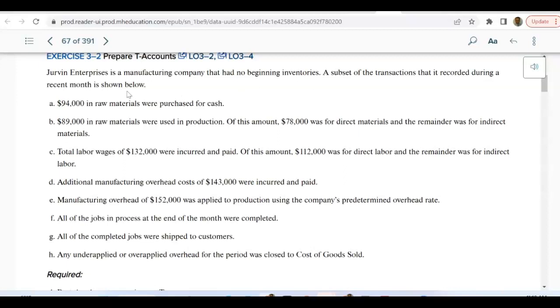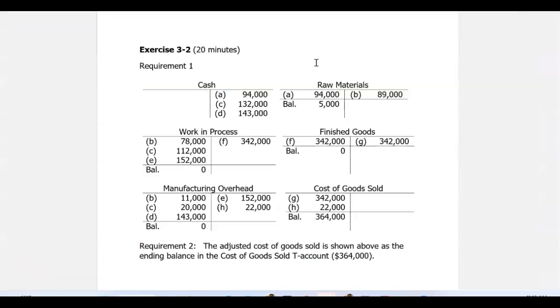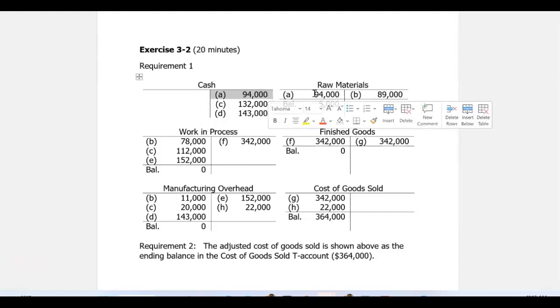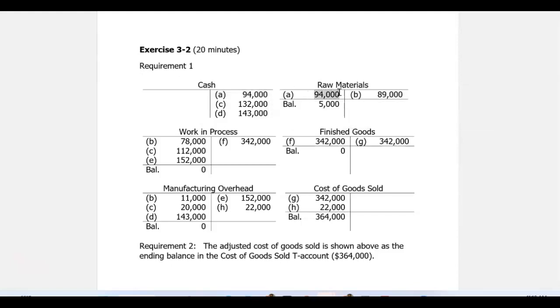A subset of the transactions that it recorded during a recent month is shown below. $94,000 in raw materials were purchased for cash. That's right there. Cash is credited to reduce cash, and raw materials inventory has been debited to increase it, and the beginning balance was 0.